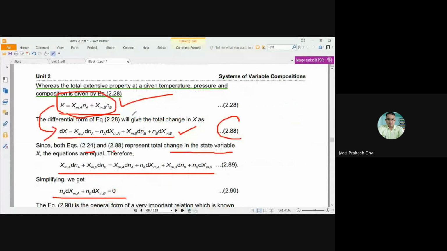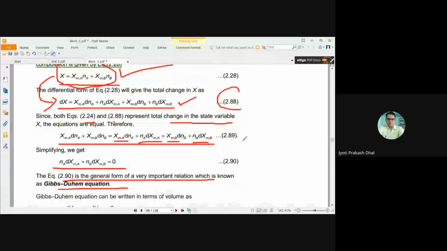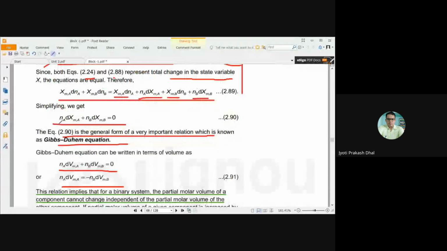So as the LHS of both the equations are equal, you can write X_mA dnA plus X_mB dnB equals X_mA dnA plus nA dX_mA plus X_mB dnB plus nB dX_mB. And hence, comparing both, we find nA dX_mA plus nB dX_mB is nothing but equal to 0. That means the summation of both the terms will be definitely 0.